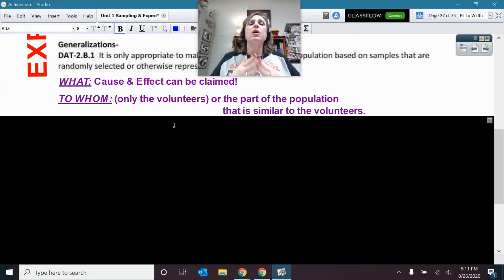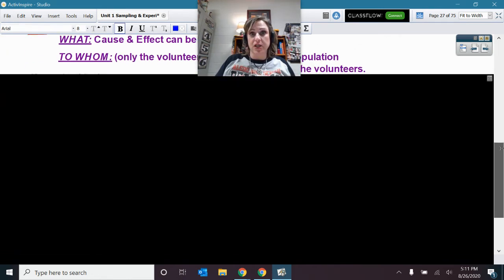So we can say it's due to those volunteers or ones similar to those volunteers. A lot of times, they'll do a small experiment, and if they see that this has potential for good results, then they'll expand it to a much broader group of people, like 30,000 people or whatever, to hopefully have a much broader range of subjects.